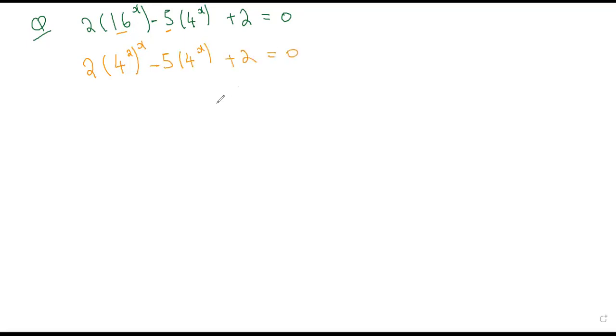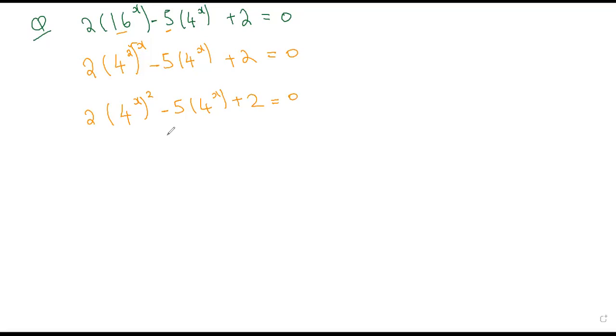This would become very easy, don't worry, okay? I can write it as 2, 4, and can I just write x inside and 2 outside? Because we know that 2 and x would be multiplied and order does not matter. Yes, Saneem, is this okay? Yes. Okay. All right. Now at this point, we will use a substitution. And this is why I was telling you that this is a quadratic equation.